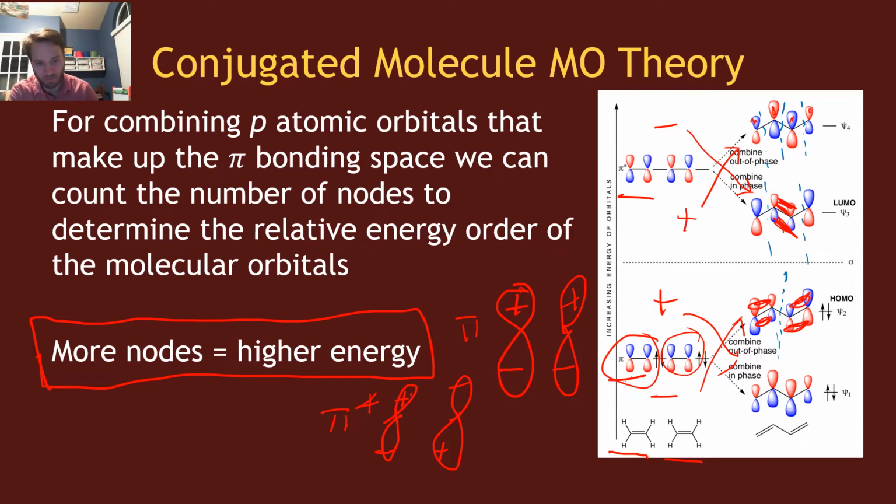If you have a bunch of nodes, with the x-axis at y equals 0, your wave function's got to go up and down across that axis quite a bit, because each time you have a node, it's got to cross the axis.